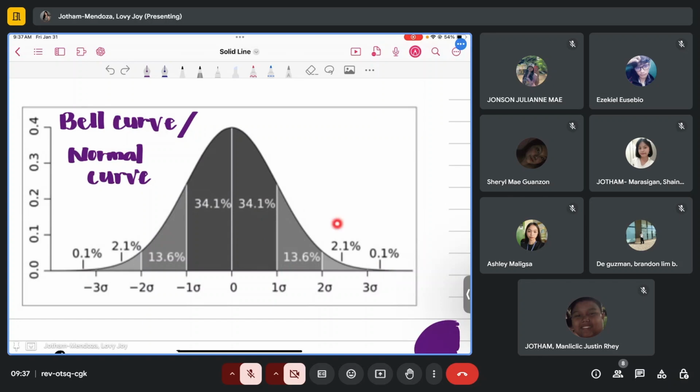The two-tailed region is extreme values on both ends of the curve. These regions can help us determine probabilities. For example, if you want to check if a test score is too low or too high, you look at the tails of the curve.